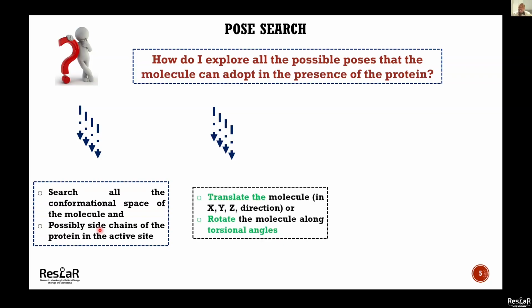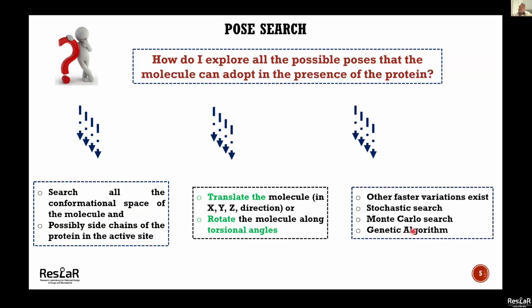On the other hand, we can pick the molecule, translate and rotate it around all the possible coordinates to find all the possible poses. But we can also use faster methods like stochastic search, Monte Carlo search, genetic algorithm.